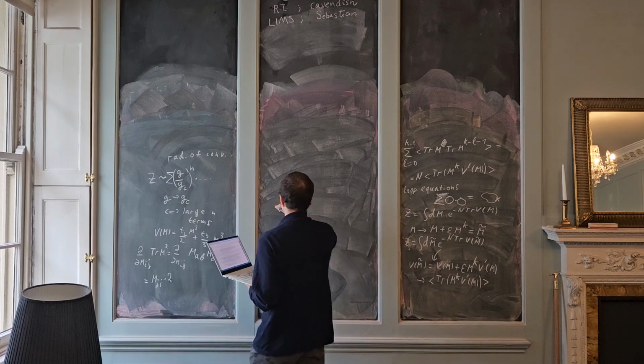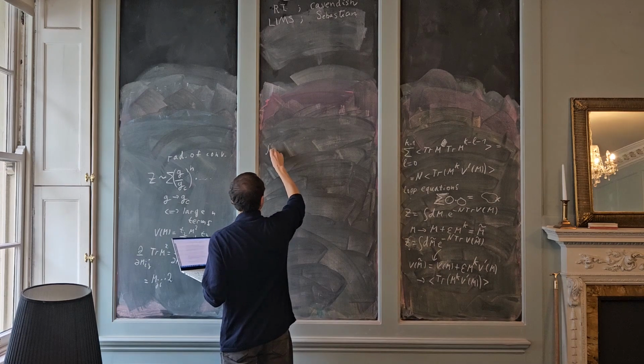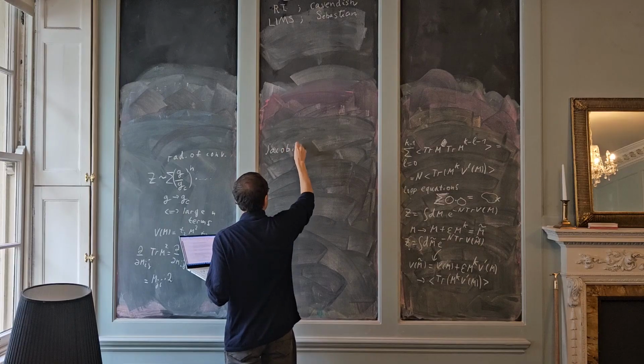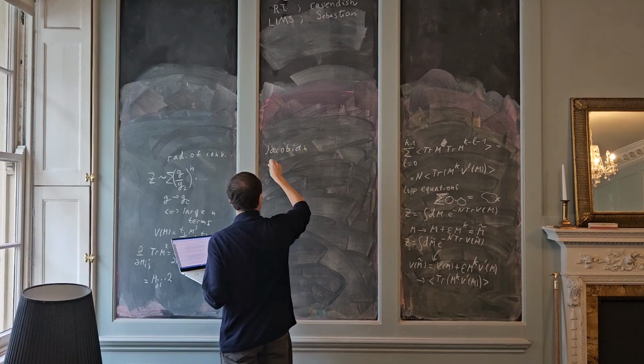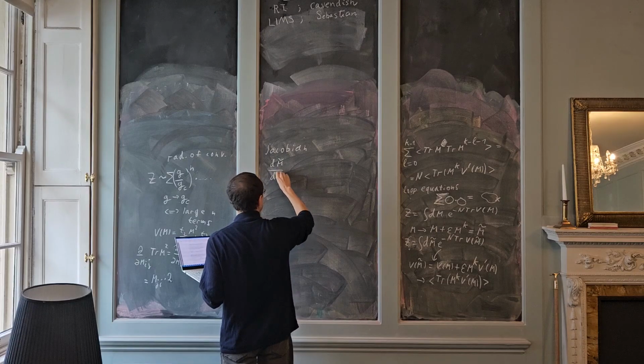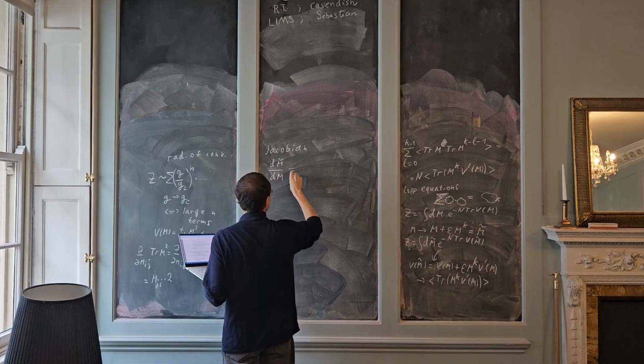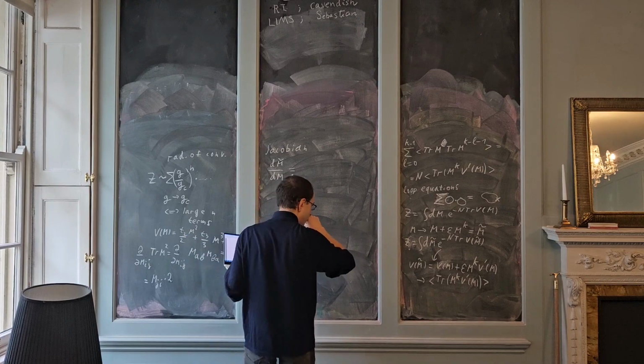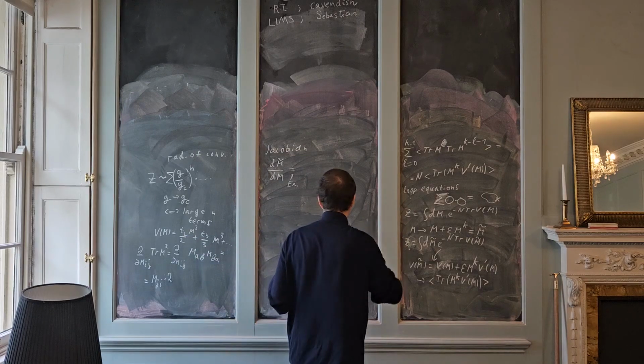What we have to compute is the Jacobian. One can schematically write it as dM tilde by dM. I leave to you to work out the details as a nice exercise. Just look at the indices and so on.